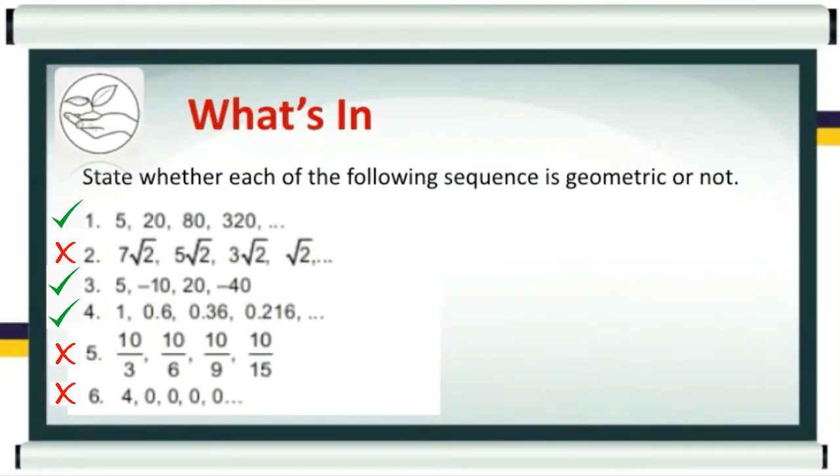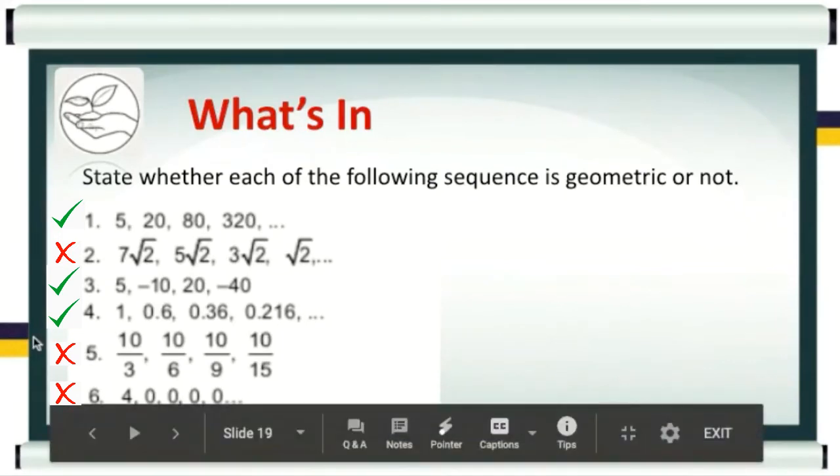So that is not a geometric sequence. Did you follow? If you look at the definition, non-zero constant, which is not supposed to be a zero. So number 6 will never be a geometric nor an arithmetic sequence. Follow?